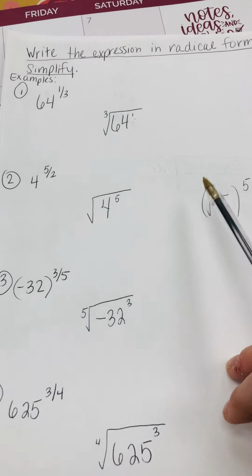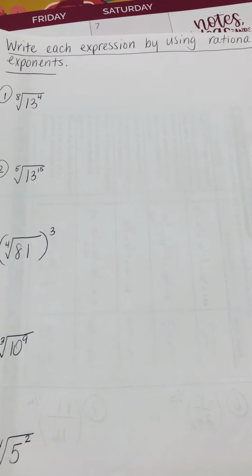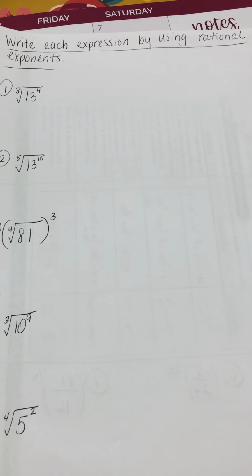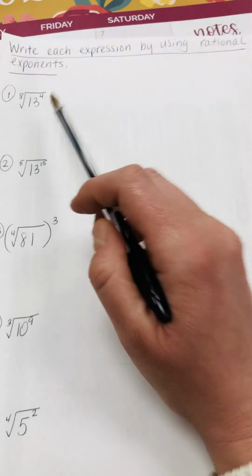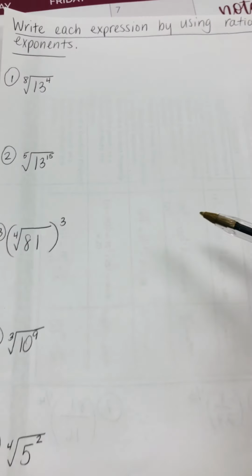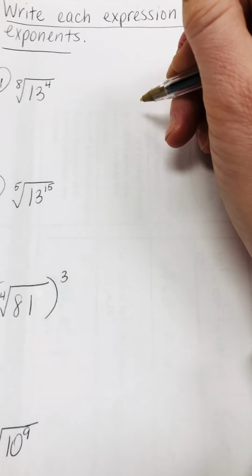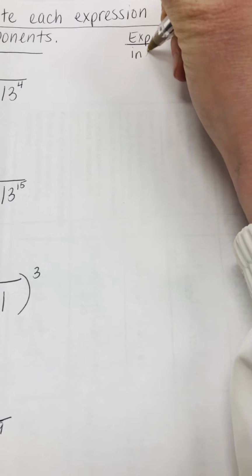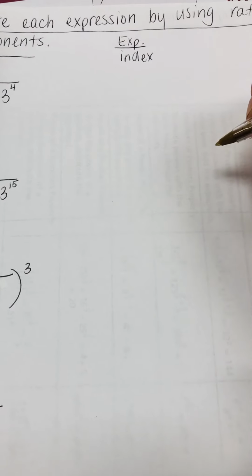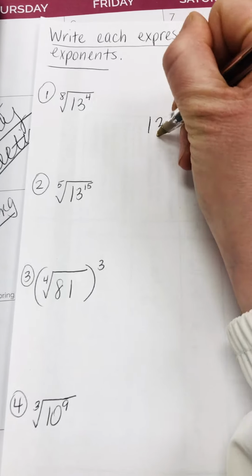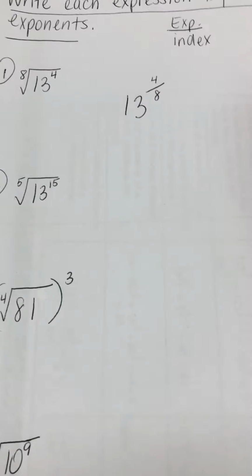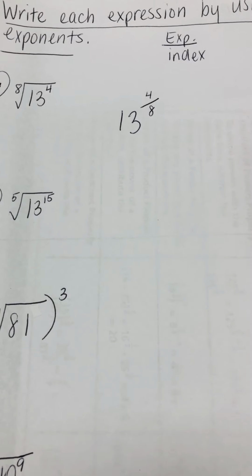Okay? So now we're going to do the opposite. Now we're going to write each expression using rational exponents. So now we're going from radical to the rational exponents, all right? So again, remember, exponent over index. So it's 13, my exponent is 4, my index is 8, and then you always simplify if you can simplify.